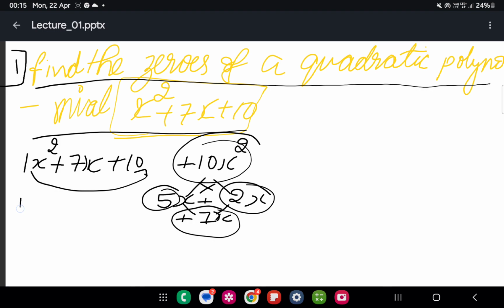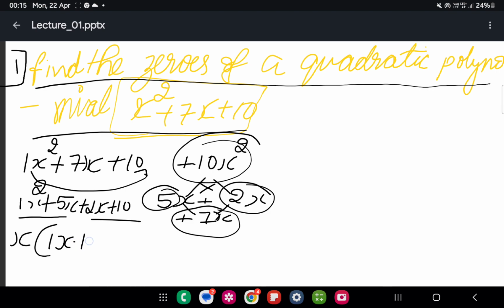So we can write 1x square plus 5x plus 2x plus 10. In the first two terms, x is common; taking x common, we get x into x plus 5. In the other two numbers we can take 2 common, so x plus 5 is common.